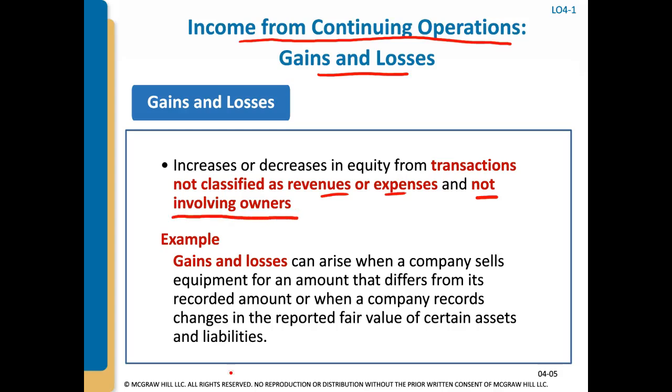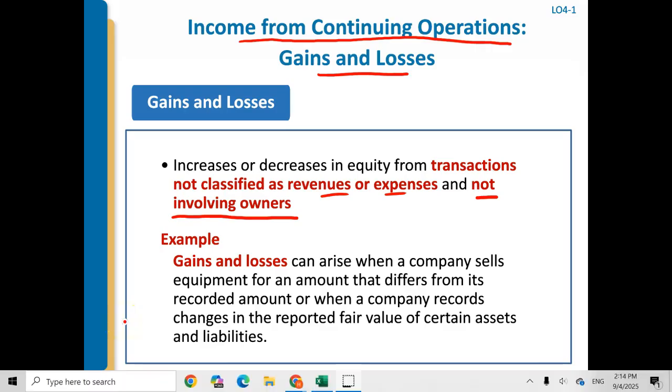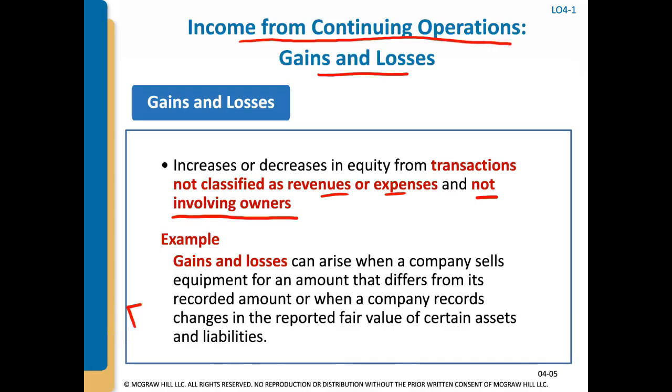And these really arise when you have a transaction that comes from a non-operating activity, not part of your core operations of your business. They result as things that have happened throughout the year that are outside of your main business.